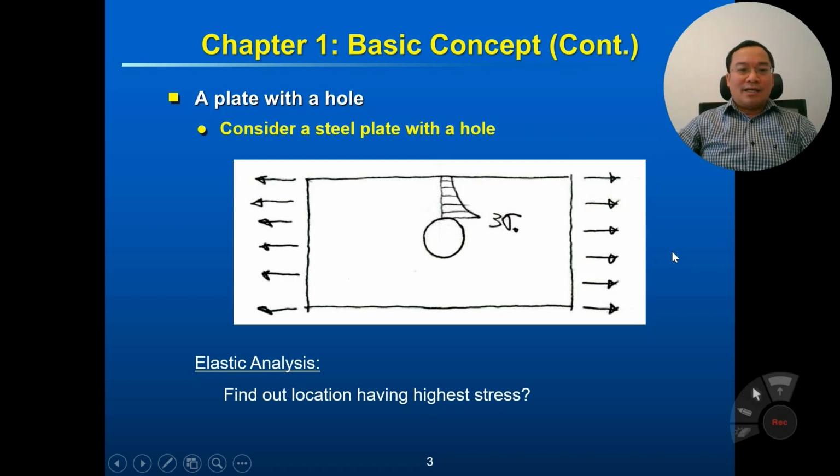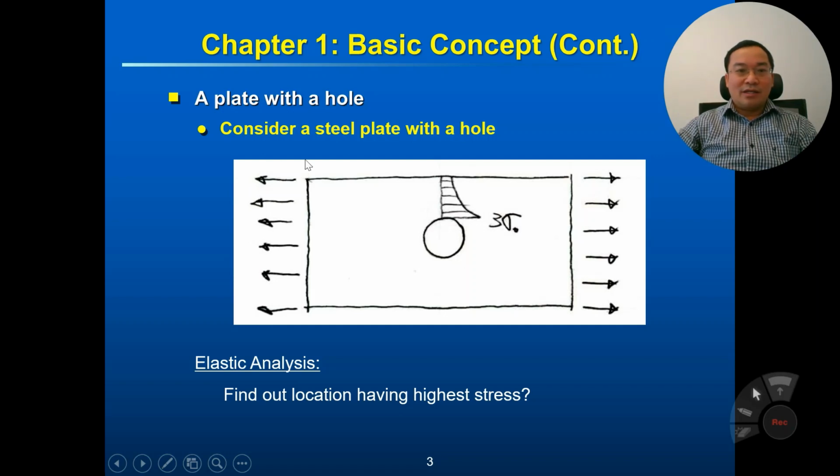In the elastic analysis, you have to find out the location having the highest stress. Where is the location of highest stress?